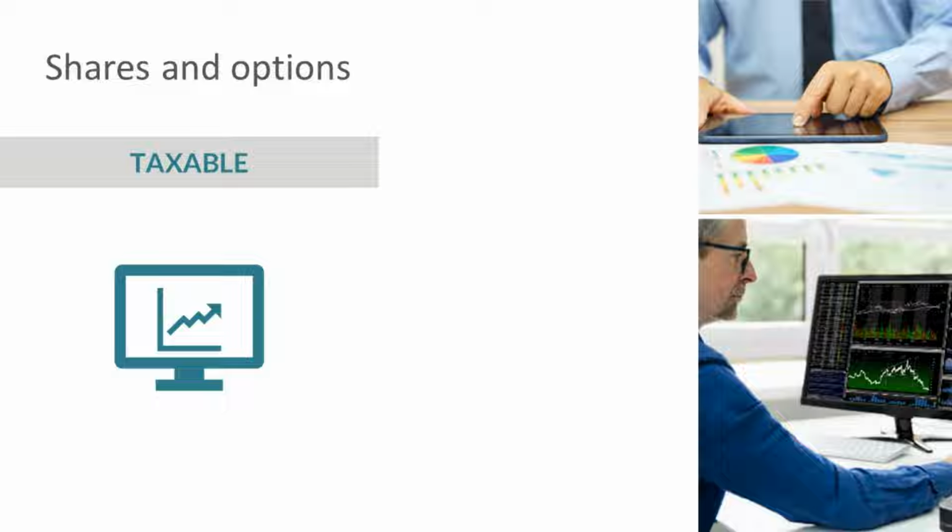Employers can elect to treat the relevant day as either the date that the share or option is granted to the employee or the vesting date. It's up to the employer to decide which of these dates is used, as long as they always use a consistent approach. Shares and options should be declared at the market value or amount determined by the Income Tax Assessment Act.